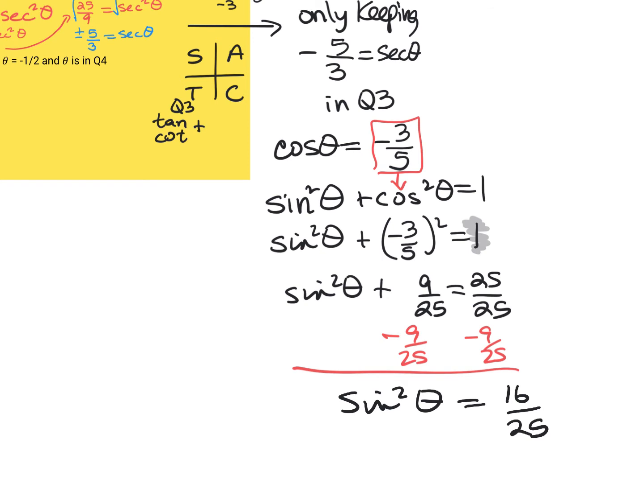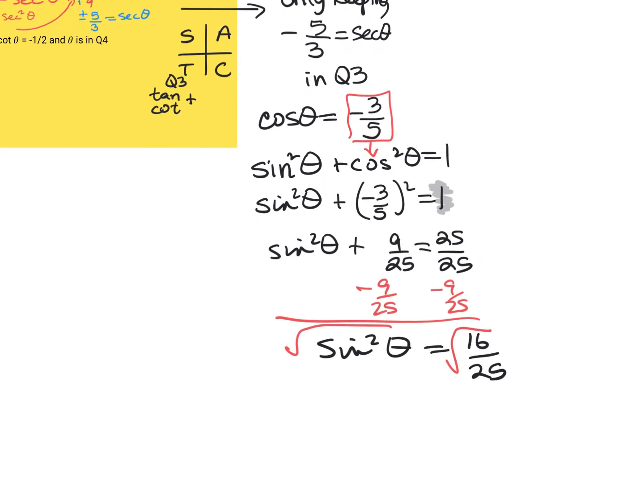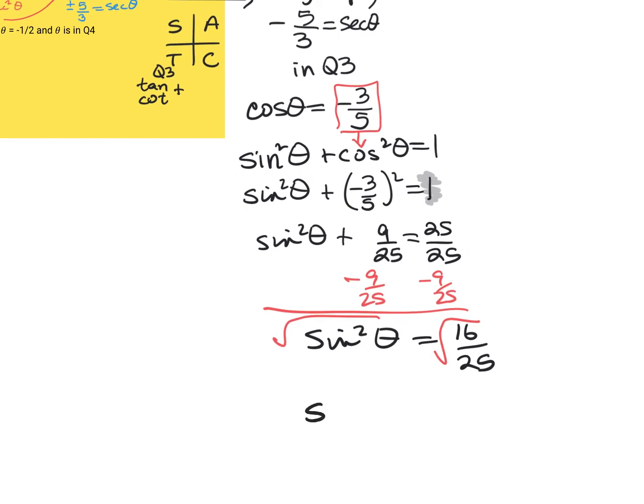I don't want sine squared, I just want sine theta. So square root both sides. And now sine of theta is equal to plus and minus 4/5. But again, in quadrant 3, sine is negative.